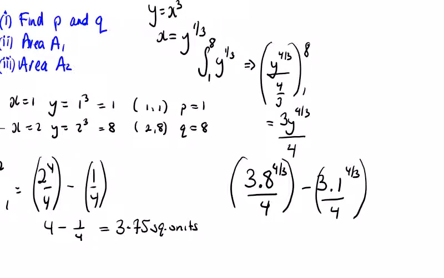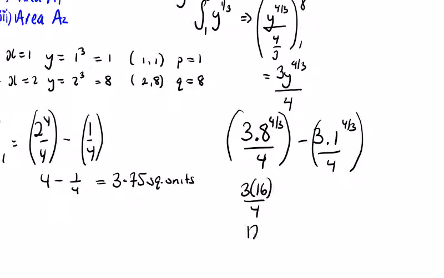So 8 to the power of 4 is going to give me 4096, and the cube root of 4096 is 16. So 3 by 16 over 4 is going to give me 12 minus 3/4. So that's just going to be 11.25 square units.